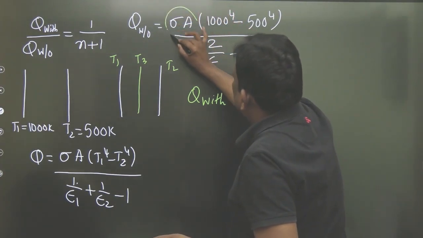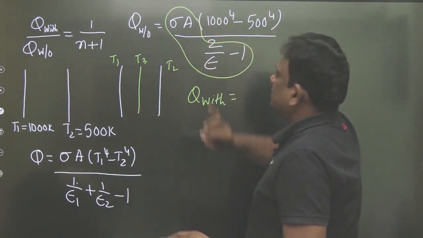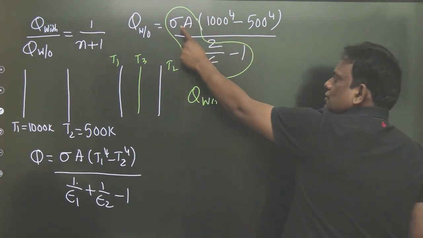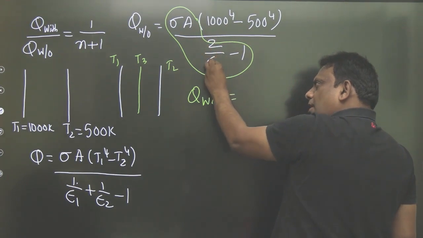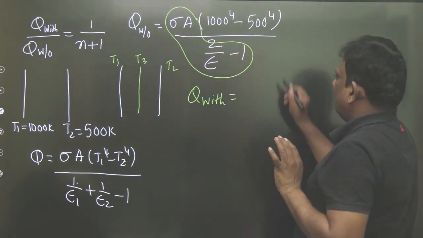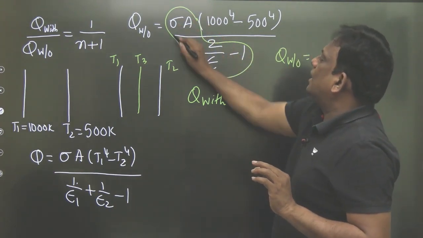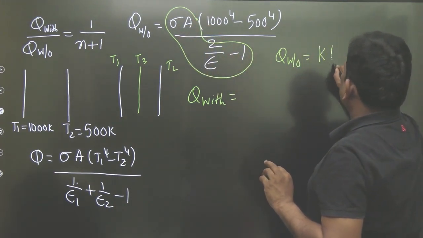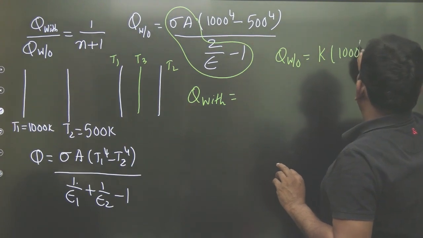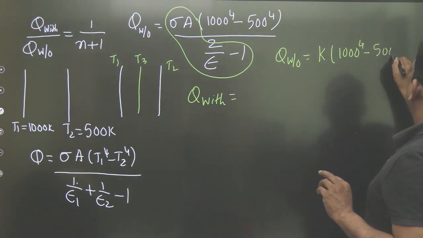My question to you is, can I take this value to be constant? Sigma is not changing, area is not changing, epsilon is not changing, so it will be the same. Therefore, heat transfer without shield, let me take this value as some constant K into (1000 power 4 minus 500 power 4).